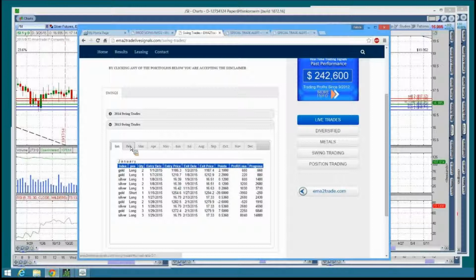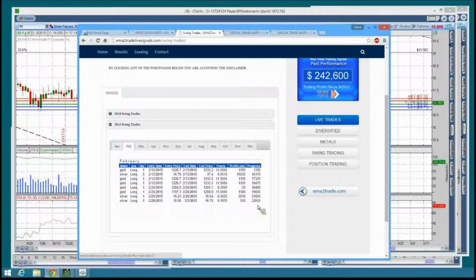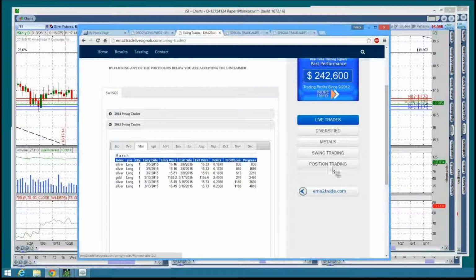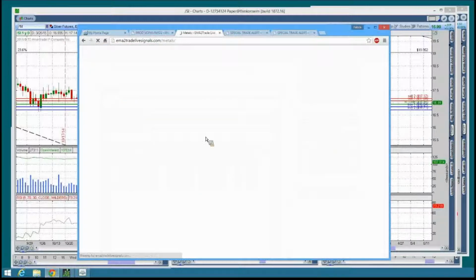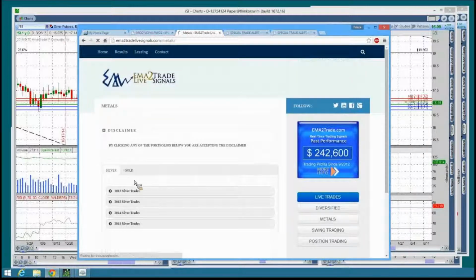In February, we produced $22,600. March so far, we're up $4,800 in swing trading. The metals link is basically the day trading signals that we execute in gold and silver.